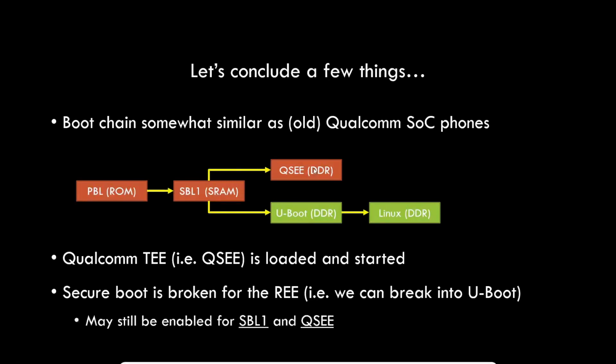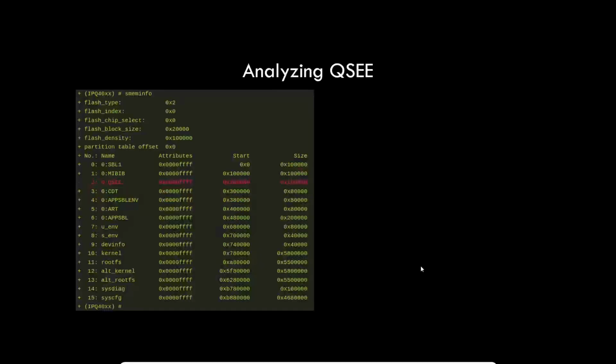So, for example, when you are booting a mobile phone, and sometimes you are able to, let's say, change the bootloader, what you're changing in this case usually is only the equivalent to U-boot. So you may have the perfect secure boot chain working here while the RE is fully under control of your attacker. And in this case, it's us.